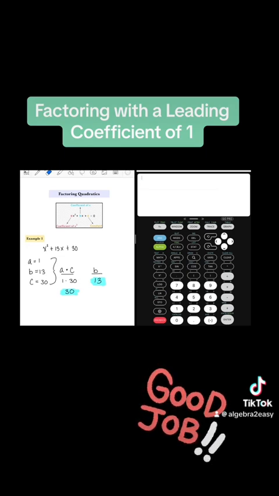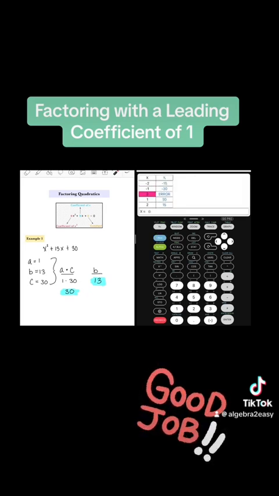Go to y equals, and take the value 30, the number we found after we multiplied a and c, and divide by x. This will work every time you want to find the factors, the numbers that multiply to give you 30, and then we just need to figure out which pair adds to give me 13. Once you've typed in 30 divided by x, press second and then table.